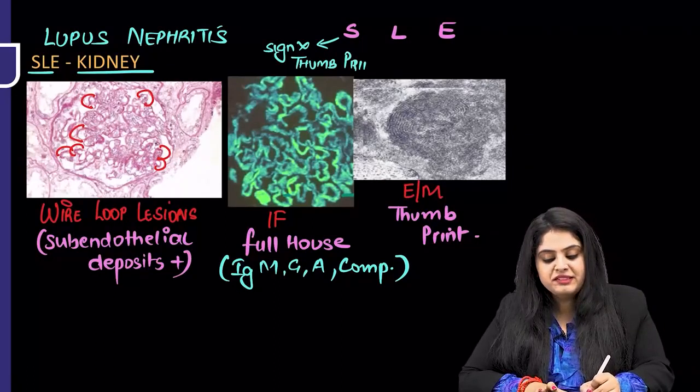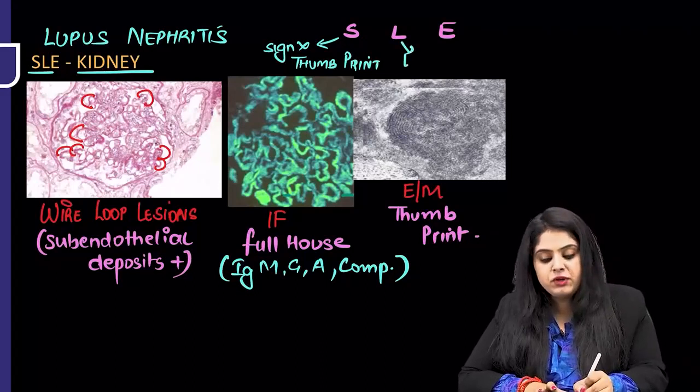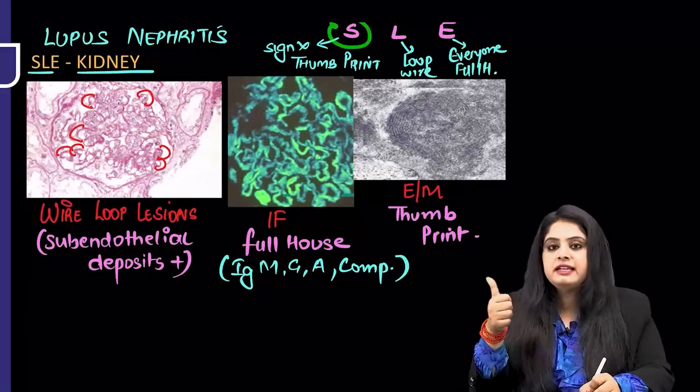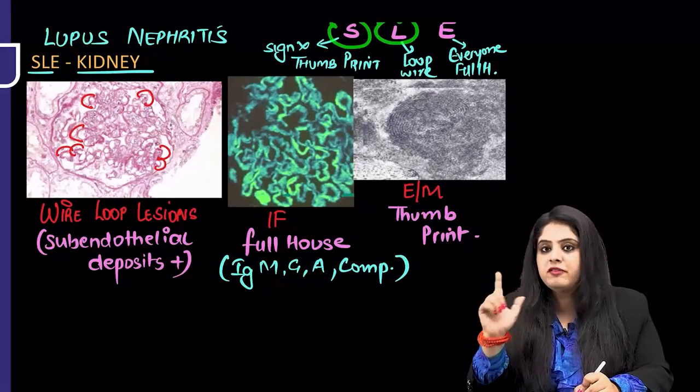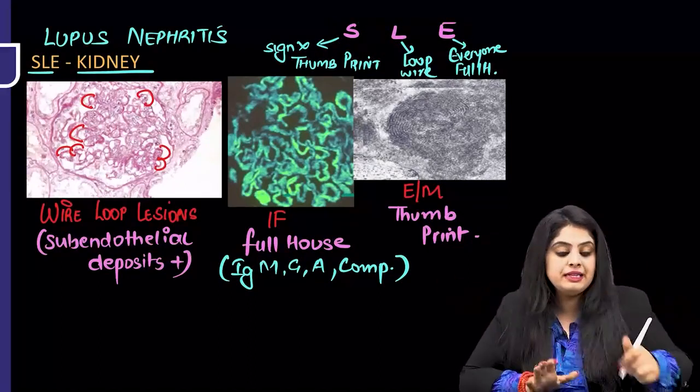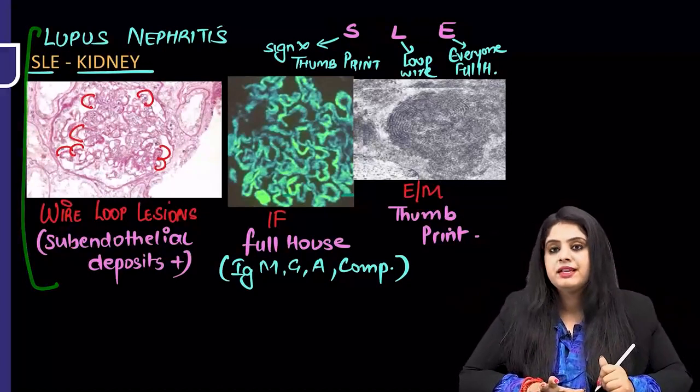Thumbprint sign is going to be seen over here. Okay. L for loop. We see wire loop lesions. And E for what? Everyone. What is everyone? Everyone is having a house party. Everyone house party matlab full house. That is how you learn. So SLE sign nahi karna aata, to thumbprint. L for loop, wire loop lesions, and E for everyone is gonna get together and a full house party shall happen. That is what you need to know for SLE in the kidney.